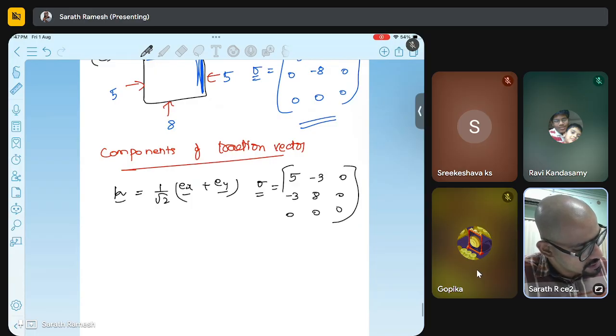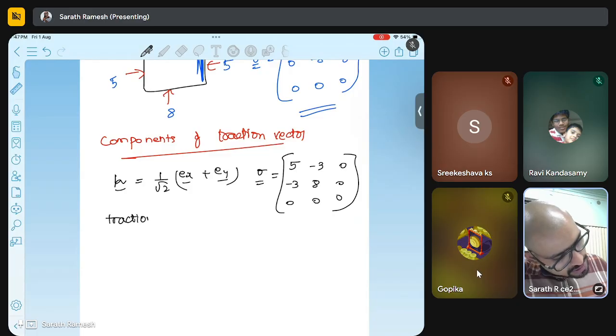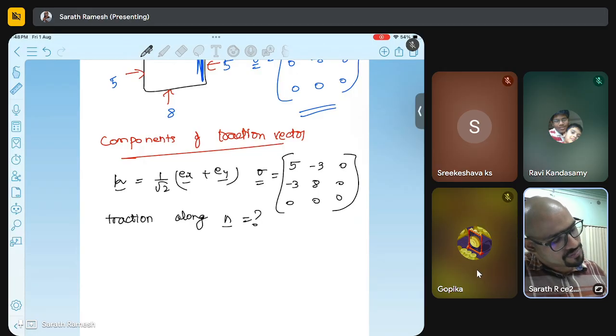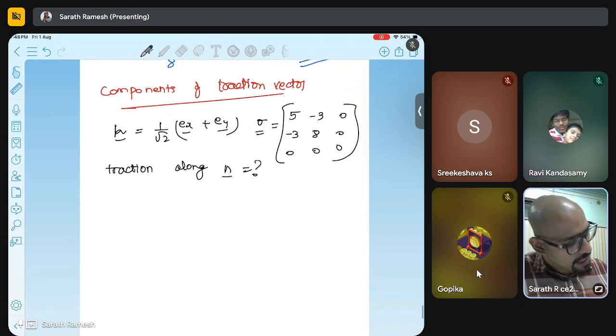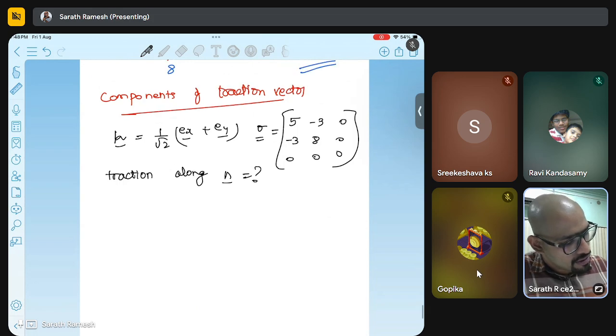This is the stress tensor, and they are asking what is the traction along n on this plane. How will we find it? We know traction along a vector n will be sigma transpose n cap, right?